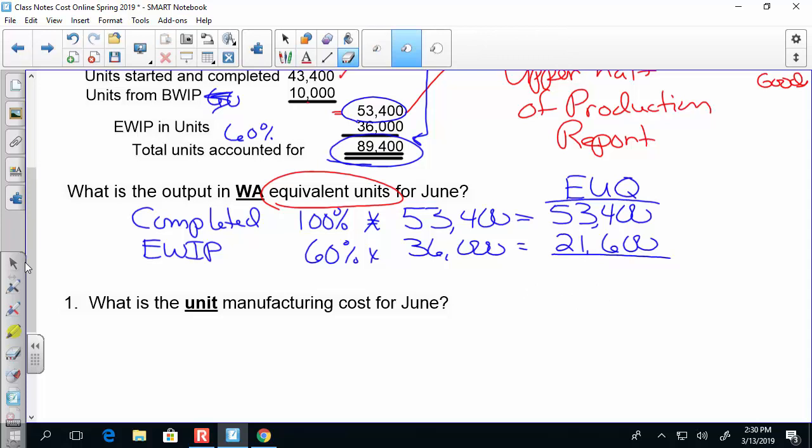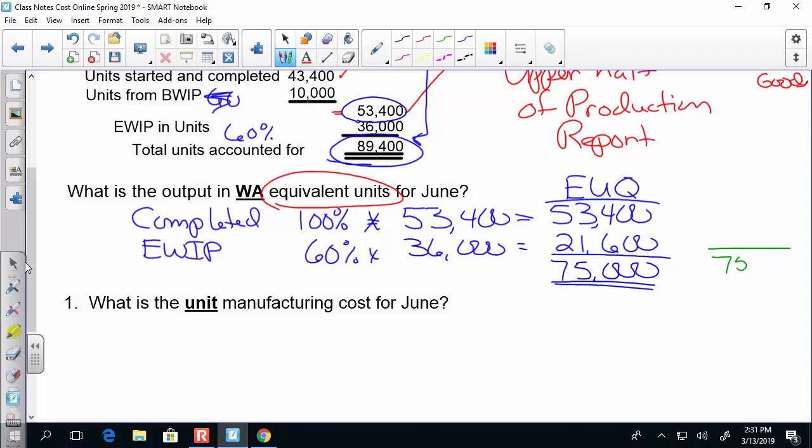I carry my numbers over. And really, the 75,000 is our bottom number in our cost per unit computation. So that's our new denominator. In prior chapters, it was just units completed. Well, with production as it is, which never stops in many cases, we have to use equivalent units as our bottom number.